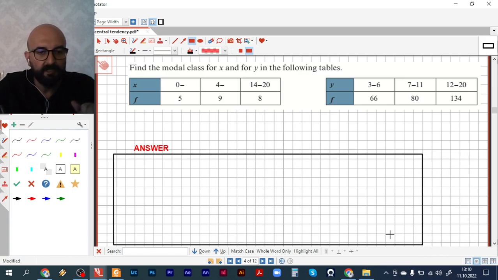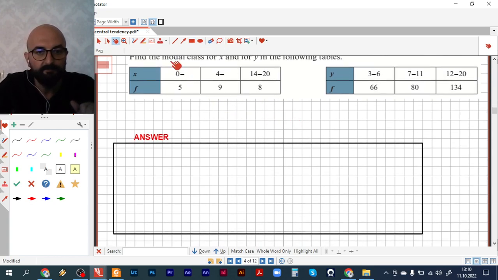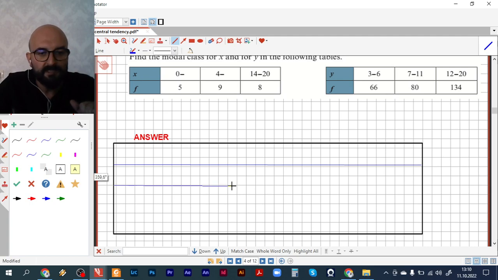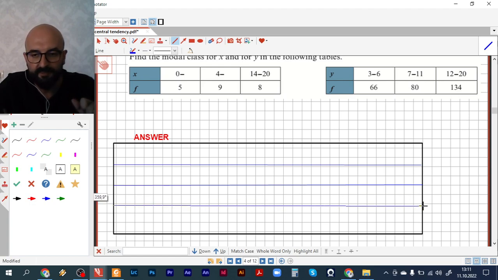I will draw a new table with the x value and the frequency of x, and we will need the width and the frequency density.